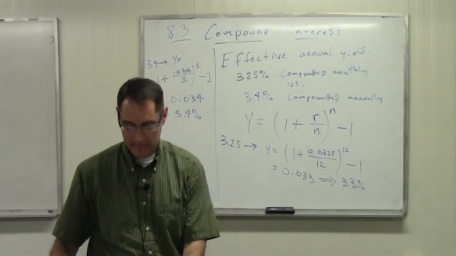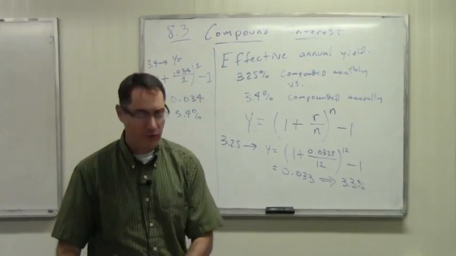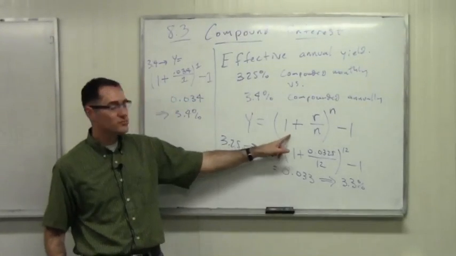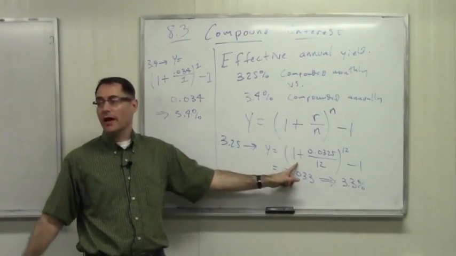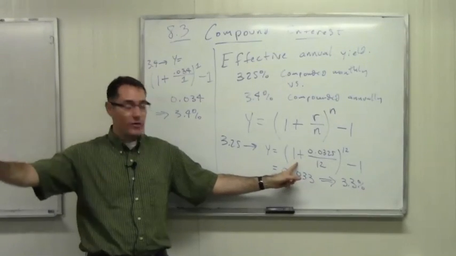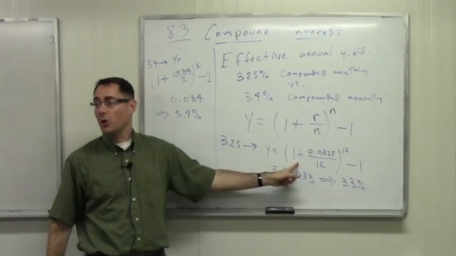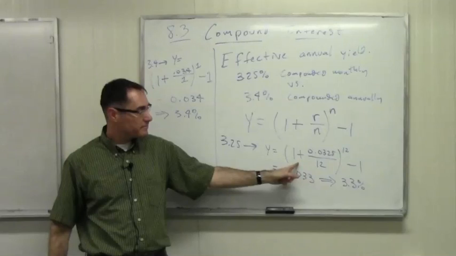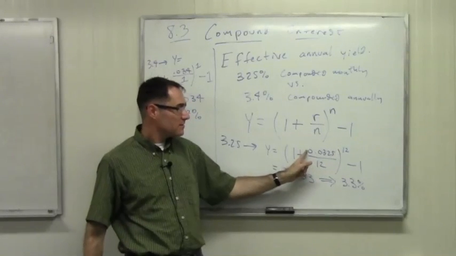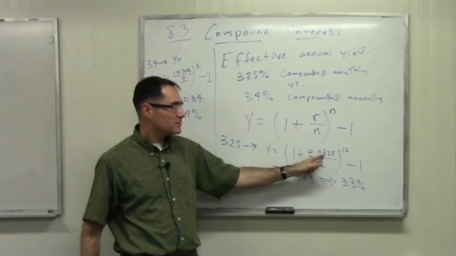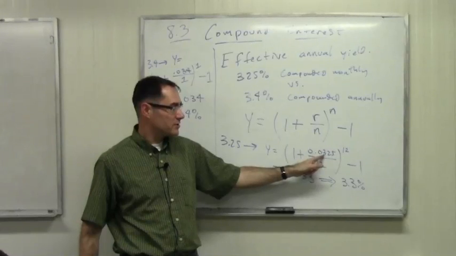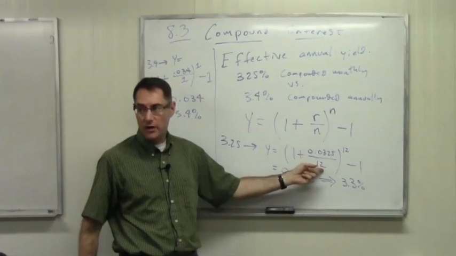Tony, I am not getting the answer that you got up there. For this first one? Yeah. I'm getting like 36. Okay, get your calculator. First, open parentheses. 1 plus 0.0325 divided by 12. Good.